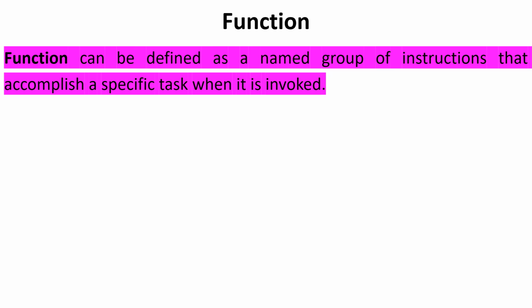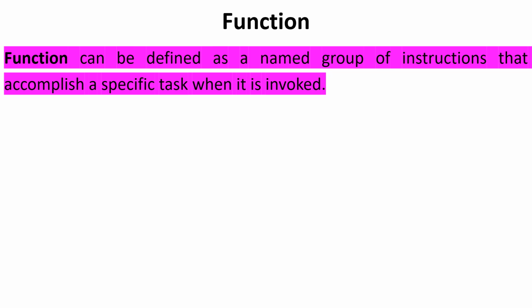For example, factorial. If it is a function, what will it do? It will calculate the factorial of a given number. So there will be a set of instructions in a function called factorial which will calculate the factorial of a number.